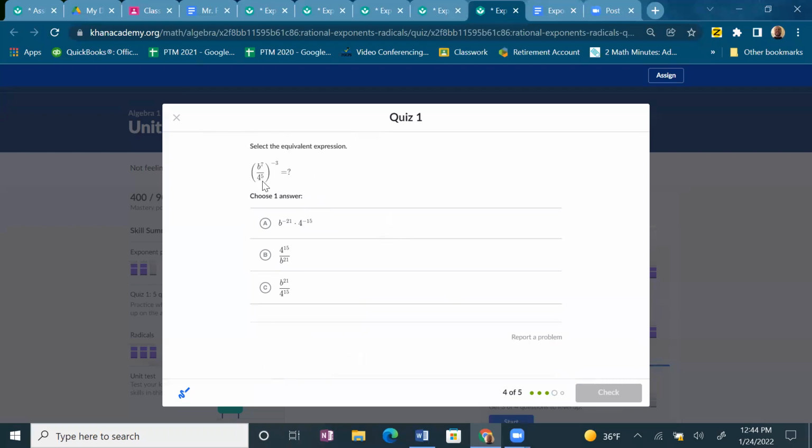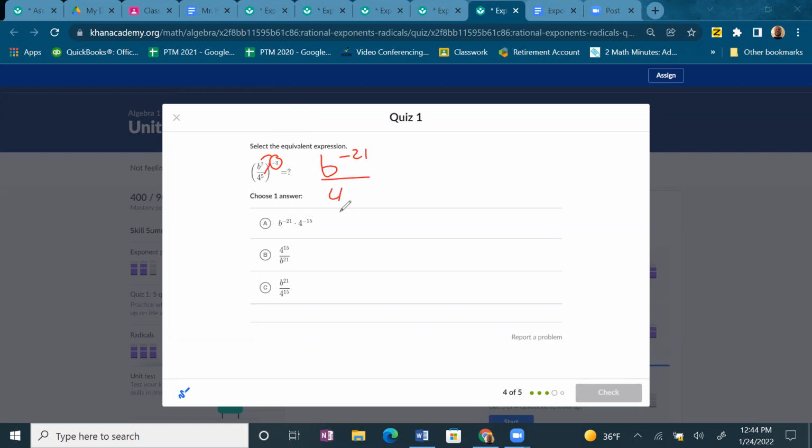Okay, so here we cannot subtract the exponents. Do you know why? The reason why is because the bases in the numerator, the base is b. In the denominator, the base is 4. The bases are not the same. And so we cannot combine those two terms. But what we can do is multiply both of their exponents by -3. All right, so that's going to give us b to the -21st over 4 to the -15.